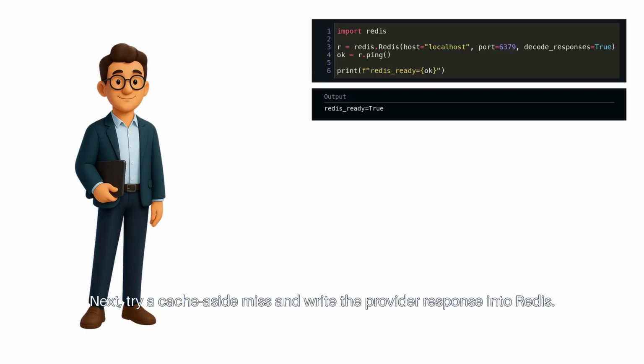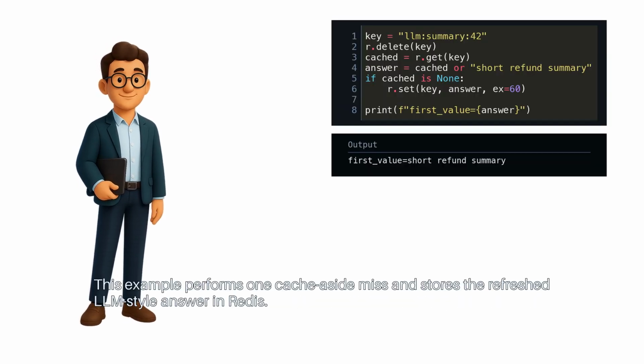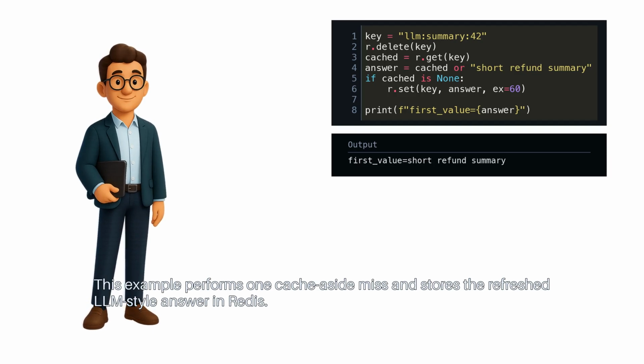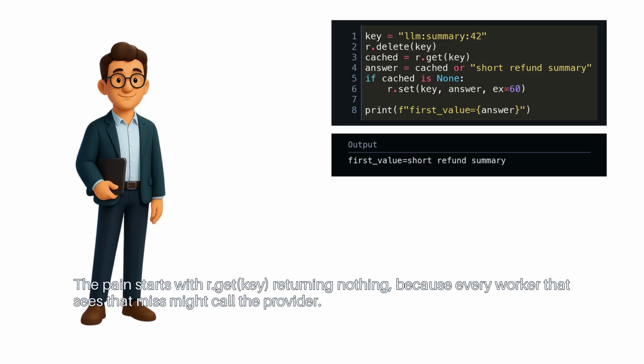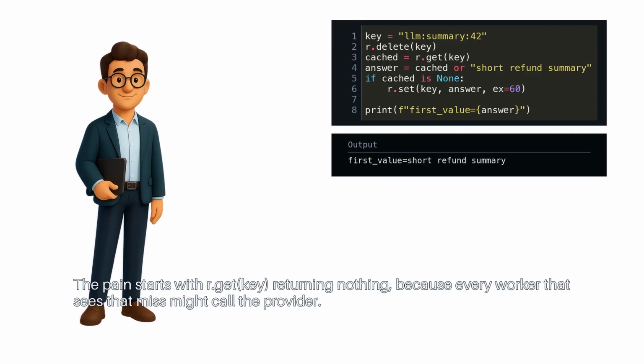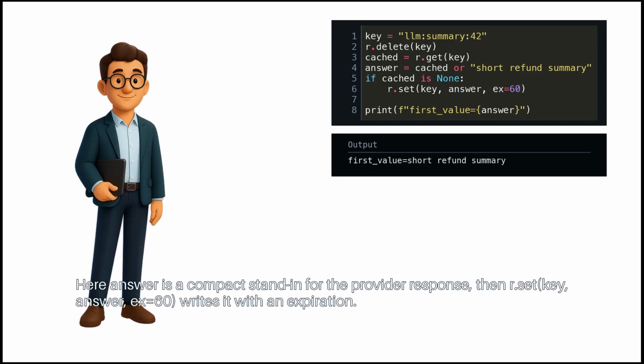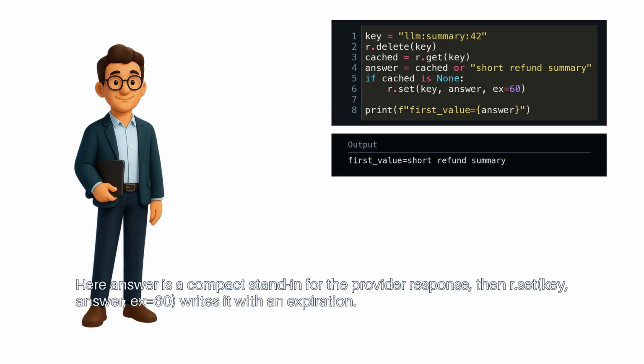Next, try a cache-aside miss and write the provider response into Redis. This example performs one cache-aside miss and stores the refreshed LLM-style answer in Redis. The pane starts with r.get returning nothing, because every worker that sees that miss might call the provider. Here answer is a compact stand-in for the provider response.